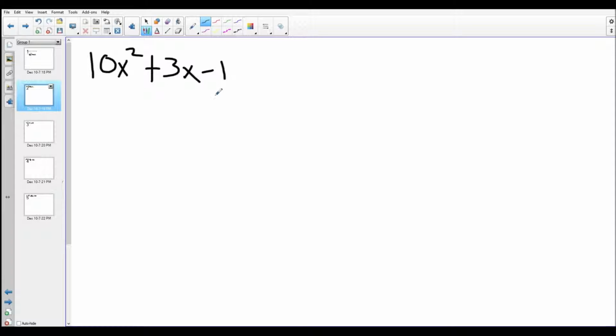So if you want to put this into a factored form, we have to find two factors that multiply to get -1 and add up to 3. So we have 1 times -1 and -1 times 1.